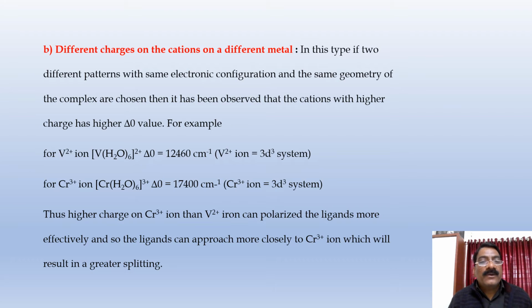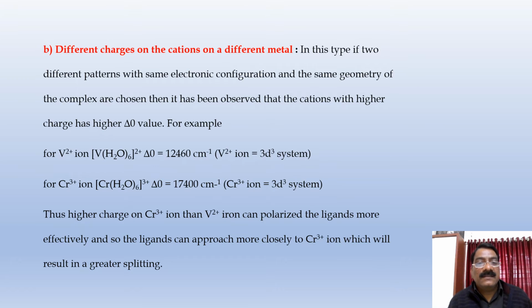The vanadium aqua complex [V(H2O)6]2+ shows a 10 dq of 12,460 centimeter inverse, which is a d3 system, and [Cr(H2O)6]3+ has a delta O of 17,400 centimeter inverse. Cr3+ here also has a 3d3 system.